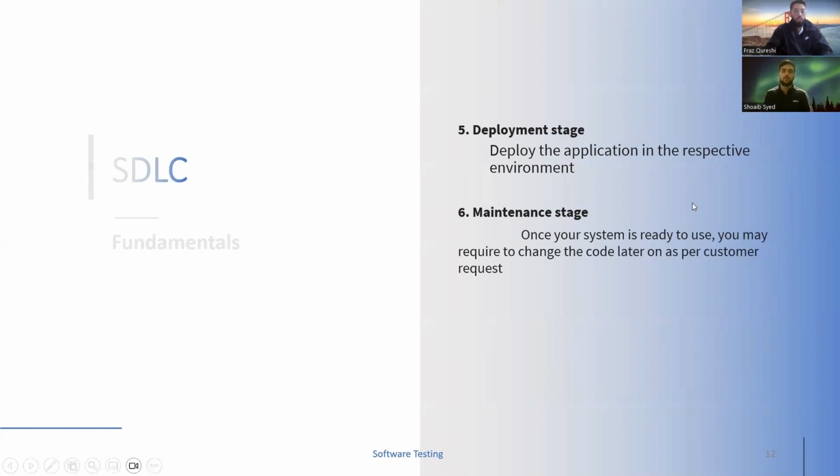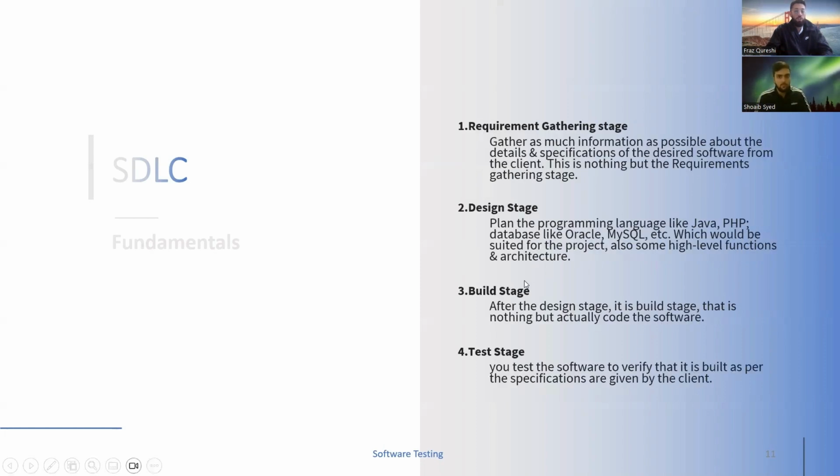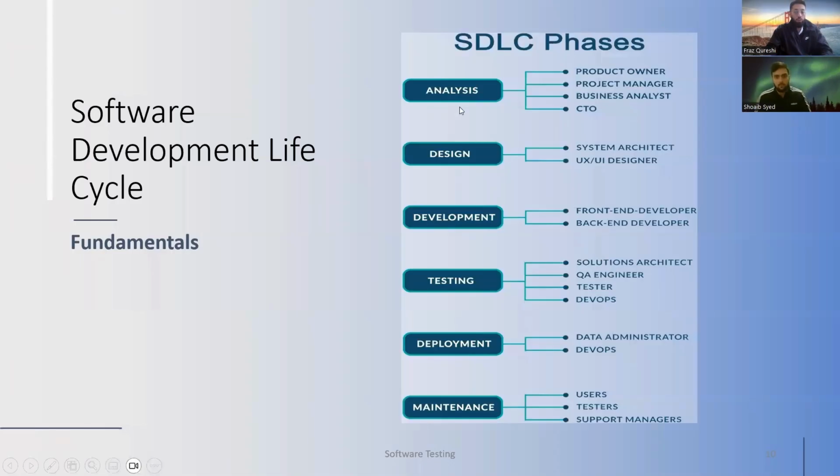Once the deployment is done, after that is the maintenance stage. For example, if you want to add more features, or if there are defects or some changes recommended by the actual users of the application, then you go on in the maintenance stage. So again, there are 6 stages: requirement gathering, design, development, testing, deployment, and maintenance.